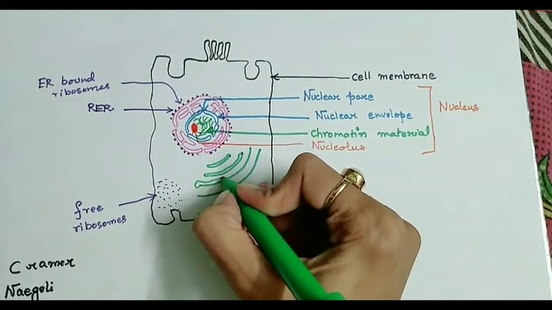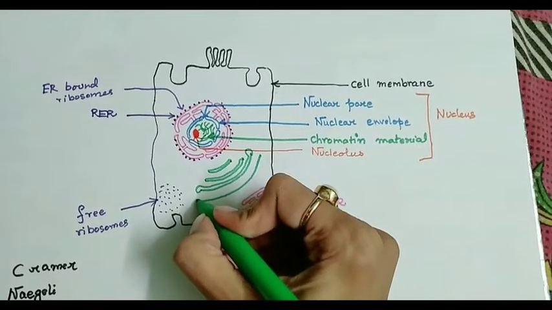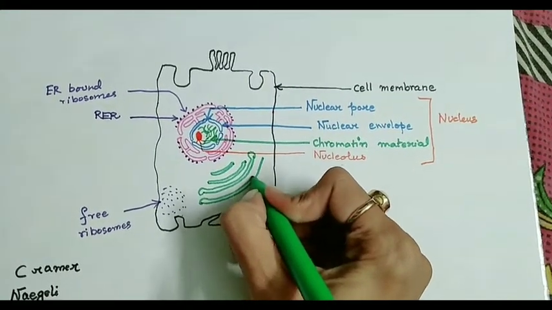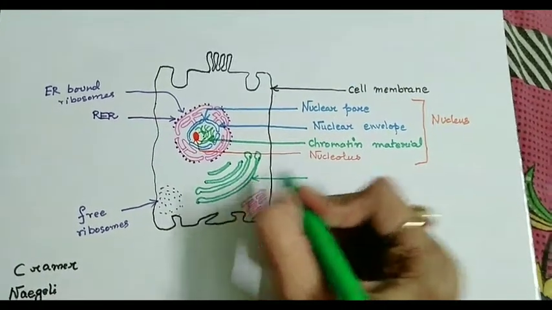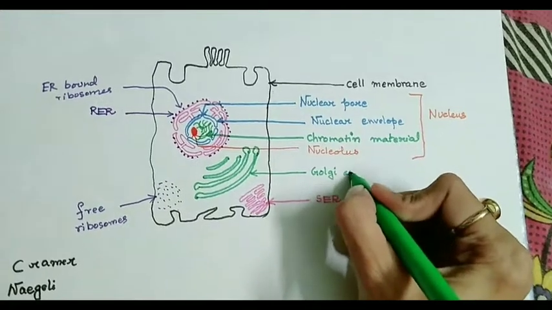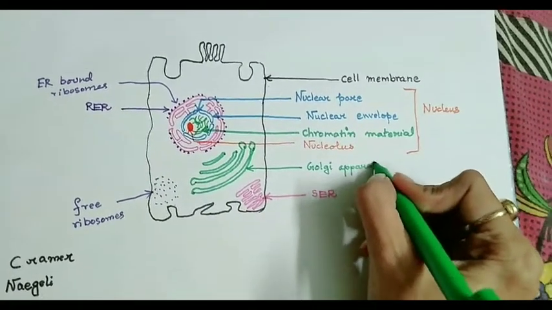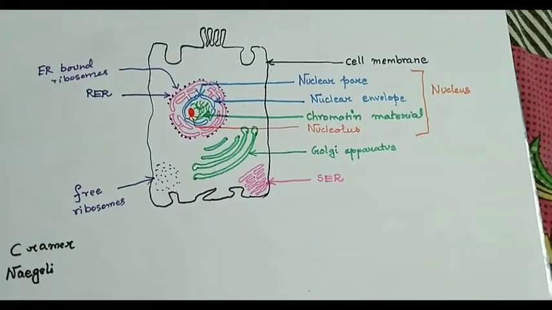Okay, now can you see the budding which I am making at the top? You can also do it, and it helps in the production of certain vesicles or certain organelles that I will discuss. This Golgi apparatus I have already labeled.